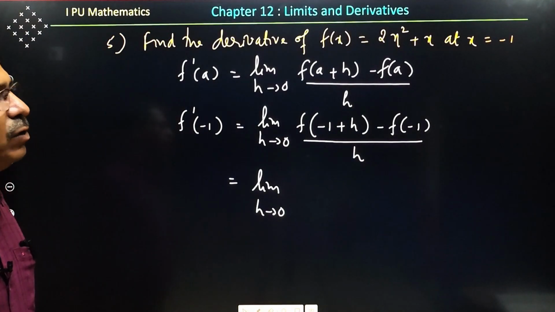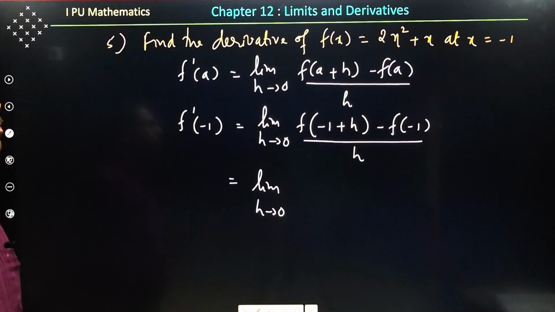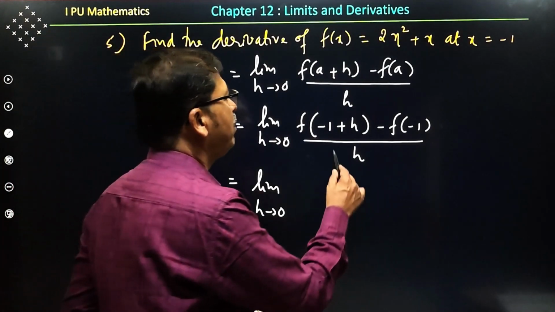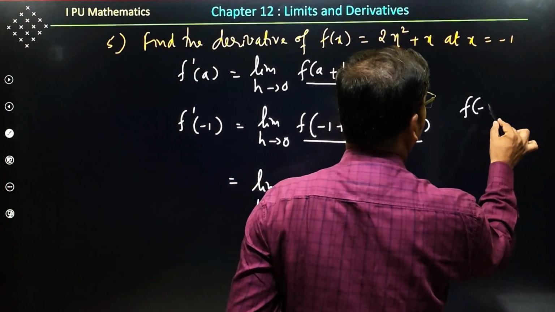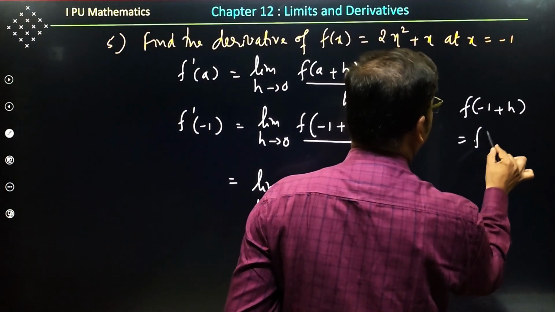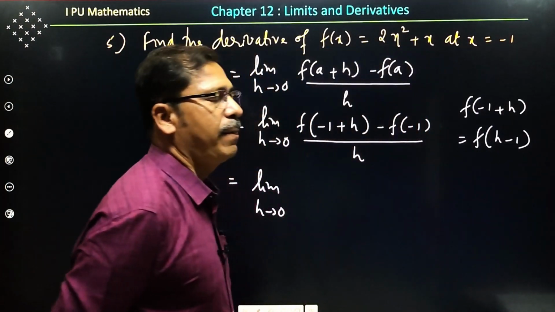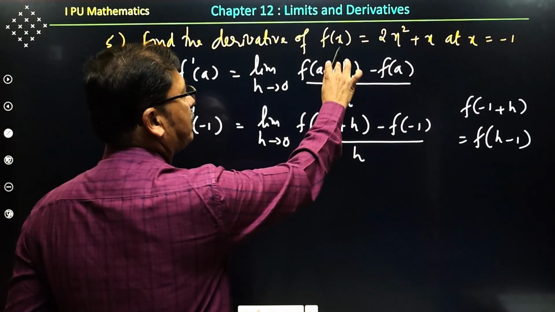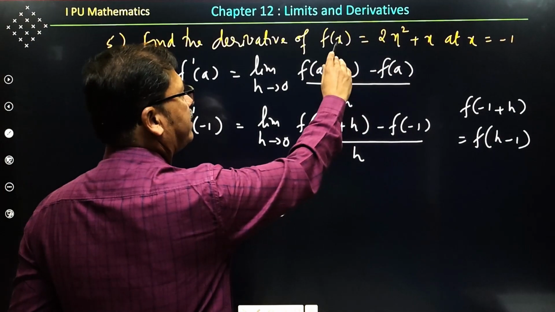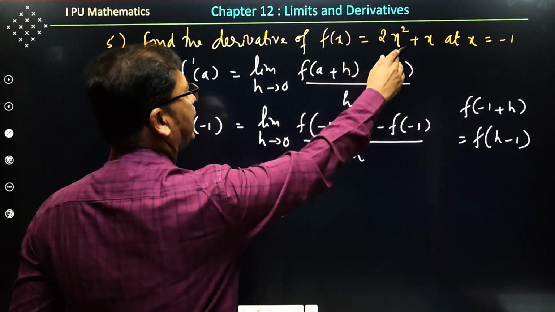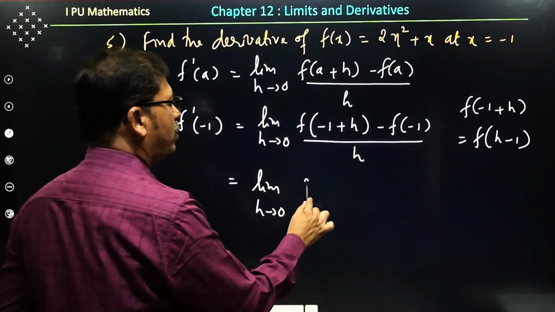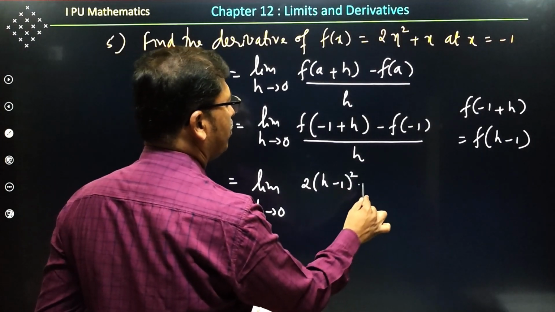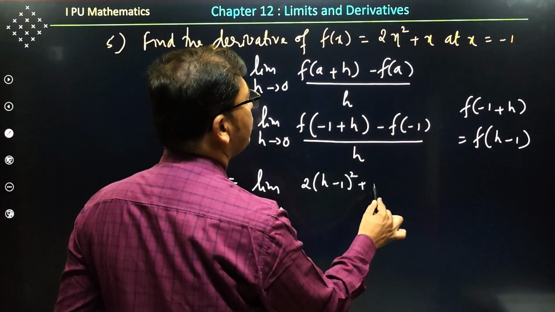f of x is very clear, we have 2x square plus x. f of minus 1 plus h, how do you understand this? Minus 1 plus h is easy, it is h minus 1. f of x, wherever x is there, replace it by h minus 1. So what to write? 2 into bracket h minus 1 whole square plus h minus 1.